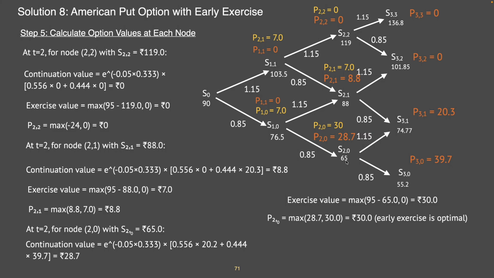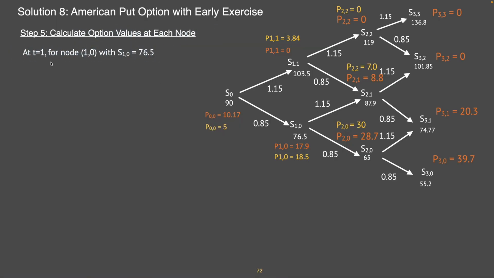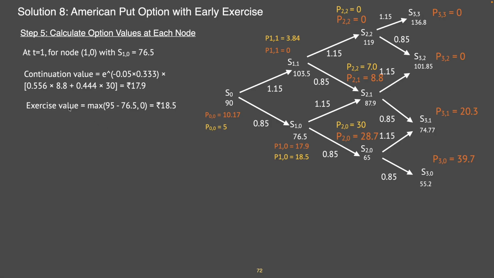the option contract life. Now coming to the first node here, at t is equal to 1, S10 let us consider. So for S10, the continuation value is 17.9, whereas the exercise value is 18.5.